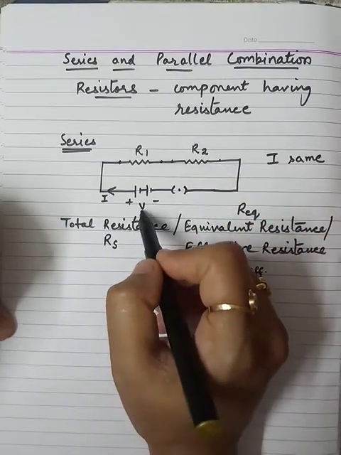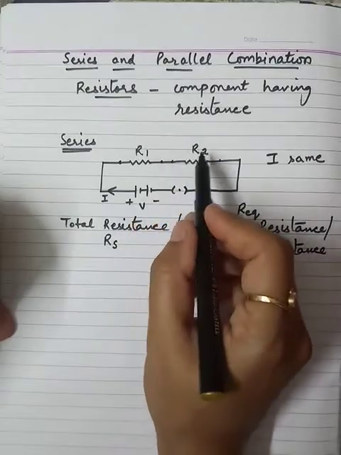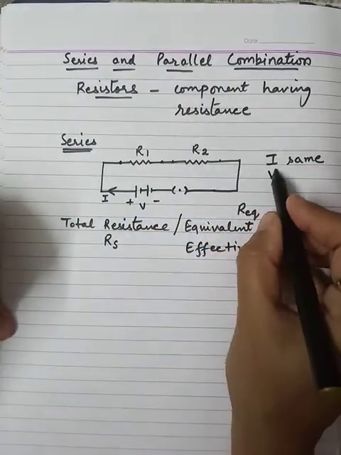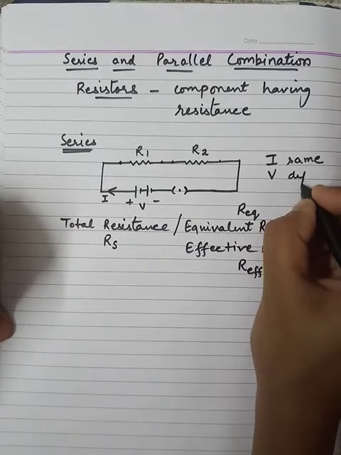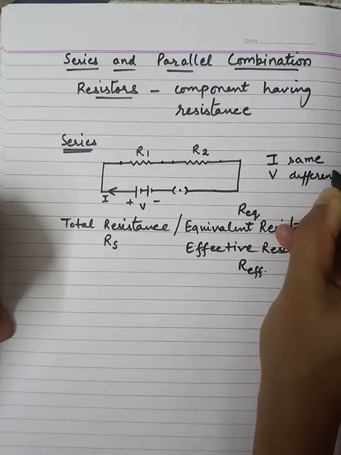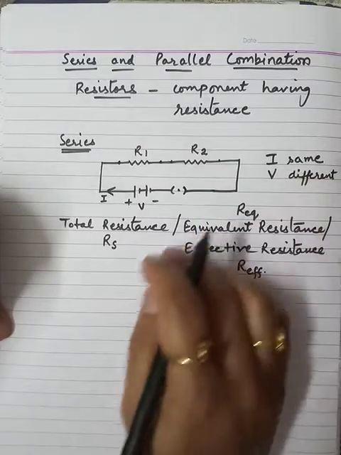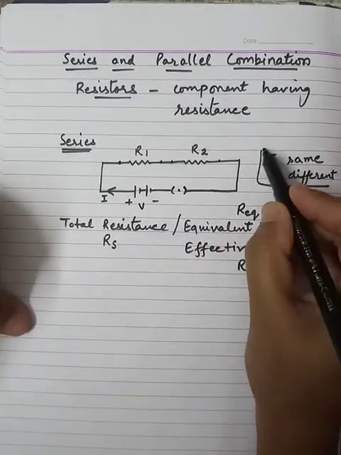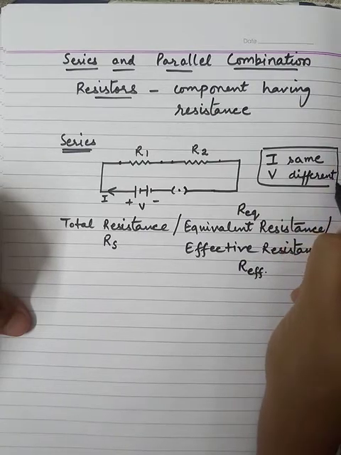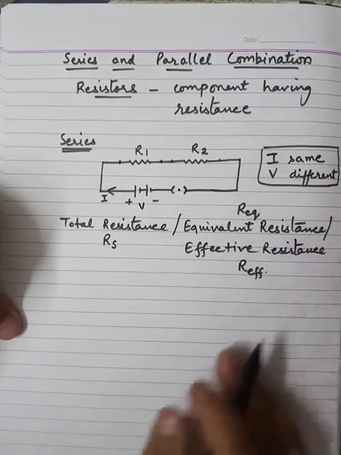So V is not same across R1 and R2. V, that is potential difference across R1 and R2, will be different every time in series combination, right? So these two things are very important to remember and important to understand, right?